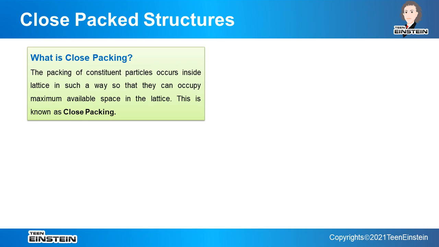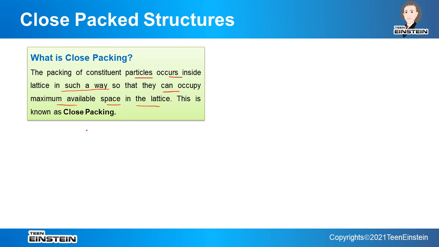Close packed structures. What is close packing? The packing of constituent particles occurs inside the lattice in such a way so that there is less amount of void. That means they can occupy maximum available space in the lattice, and there will be minimum amount of vacant space, and this vacant space is known as void.